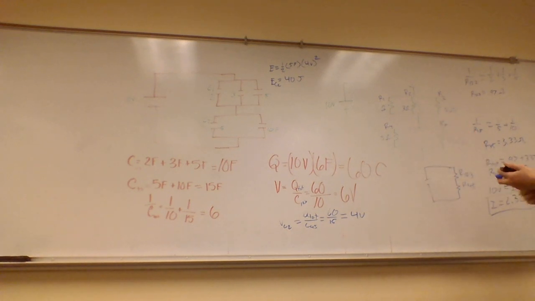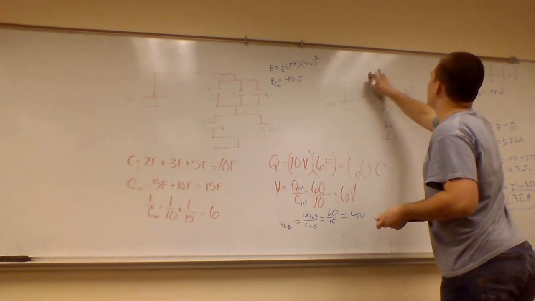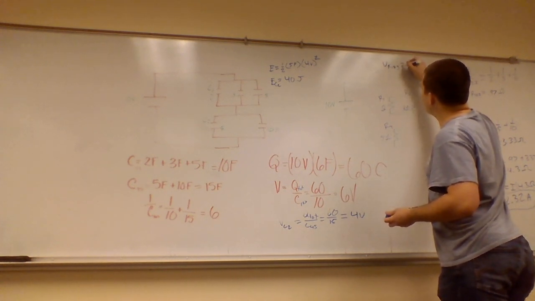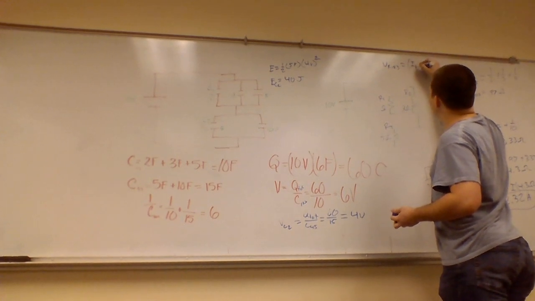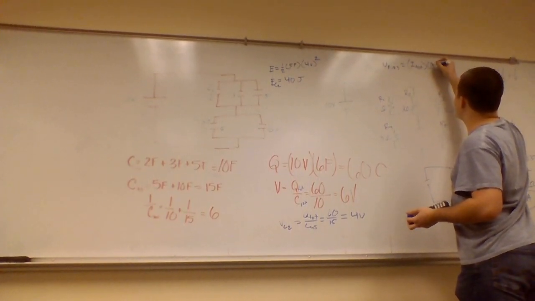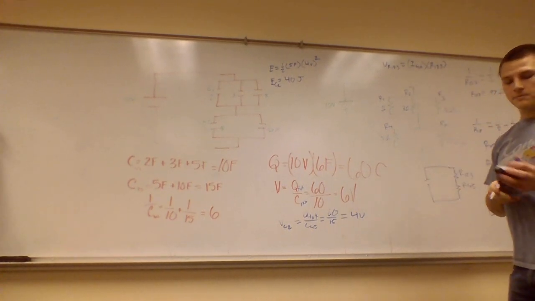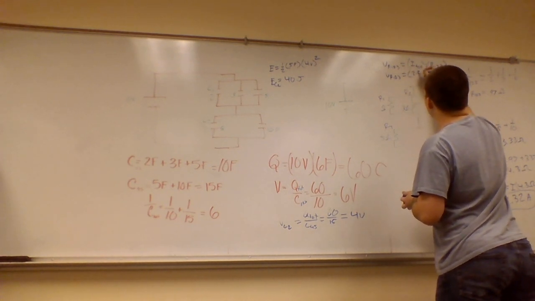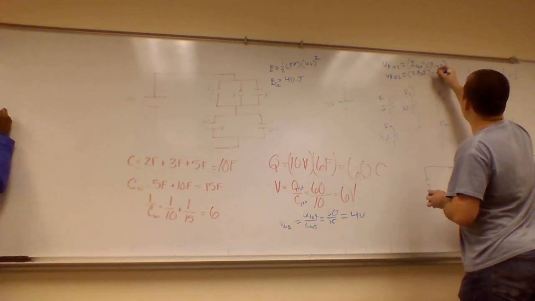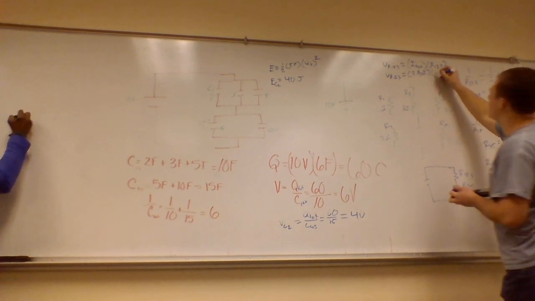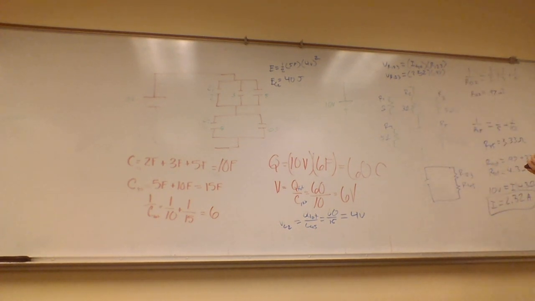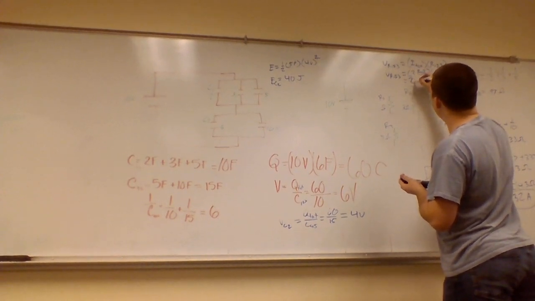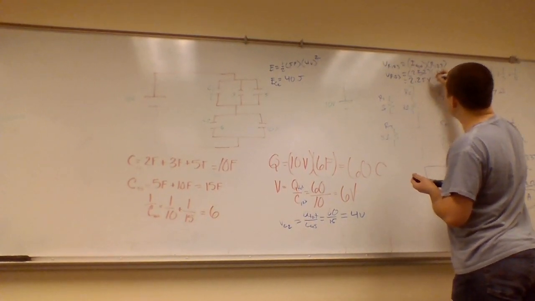To find the voltage across R1, you do V of R1,2,3 equals the I total times the equivalent resistance of R1,2,3. So that's 2.32 times 0.97, and you get something close to 2.25 volts.